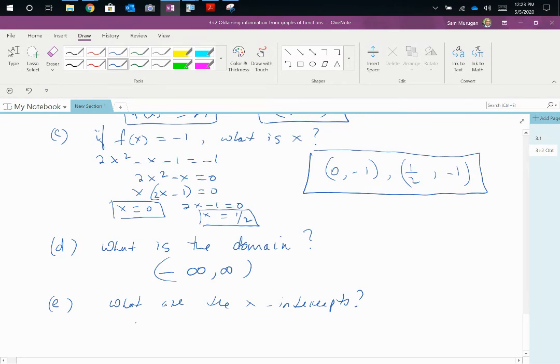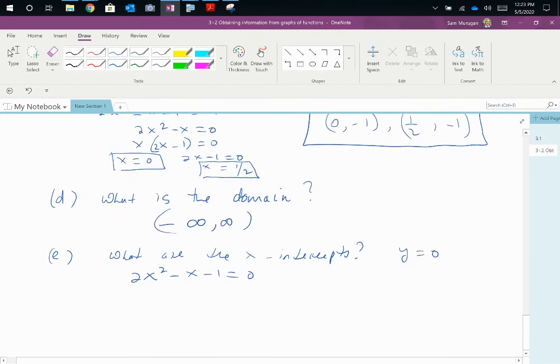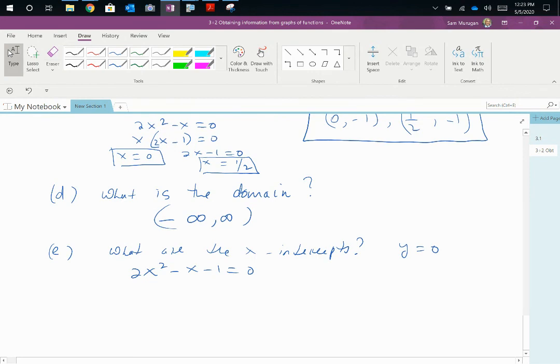Set the function. Remember, for that y is equal to 0, so 2x squared minus x minus 1 is equal to 0. So factor this. I use slide and divide for factoring, which is x minus 2, x plus 1, and then I divide by 2.